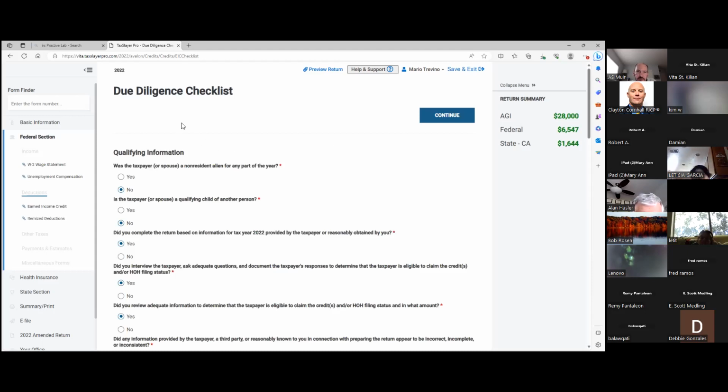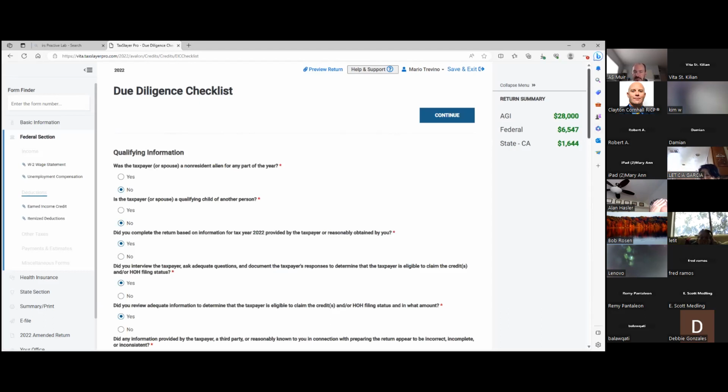The whole idea behind due diligence is the IRS is trying to reduce fraud, and they're trying to reduce mistakes, but fraud, because in the EITC program, and you can go back many years, it was filled with fraud. So anyway, the whole idea is paid practitioners use a due diligence checklist and they run through it.